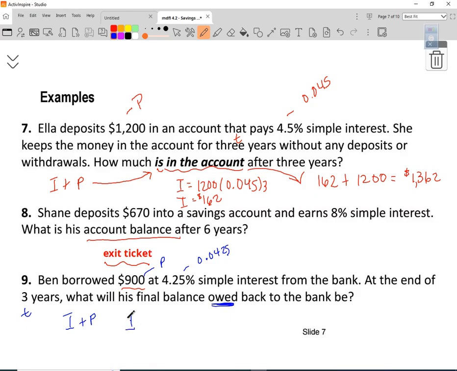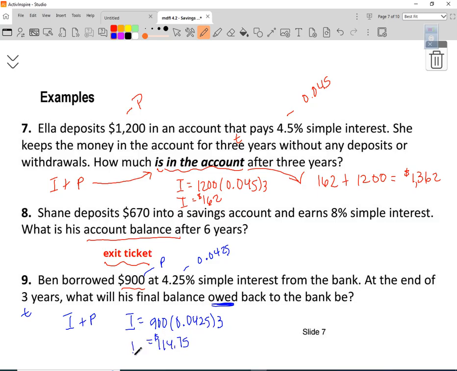So we're going to start by finding the interest. Principal of $900 times the rate times the number of years. So that's 900 times 0.0425 times 3 years is $114.75.